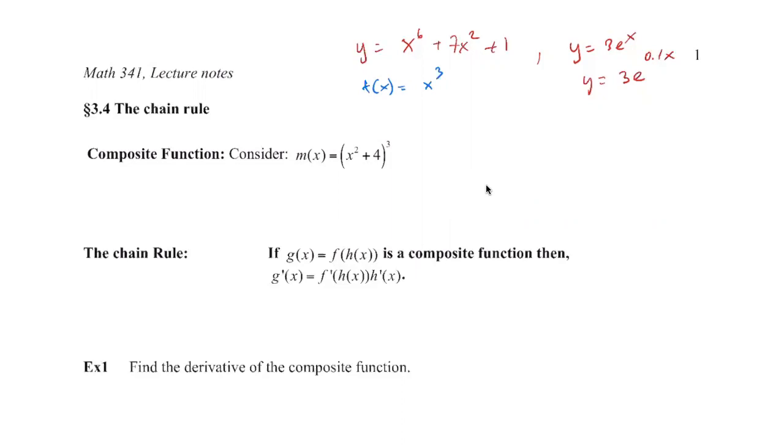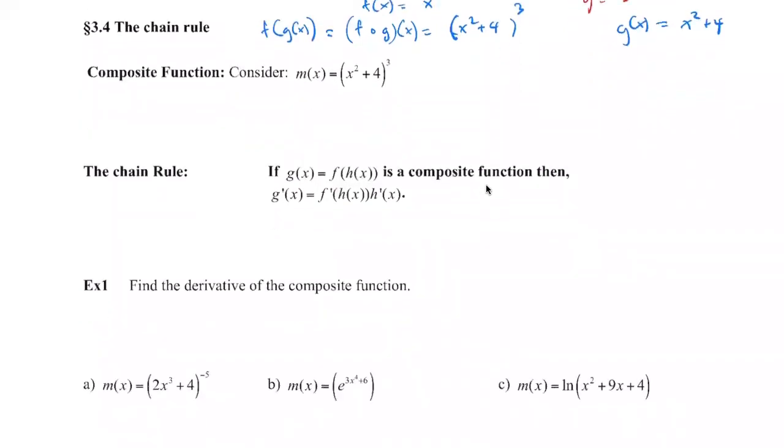But now if we compose f with another function g, where g itself is x squared plus 4, then when we compose g of x inside of that, g of x becomes the input. And now we have f composed with g being x squared plus 4 raised to the third. So the chain rule becomes very useful for composite functions, and that's what we use to find the derivative of a composite function.